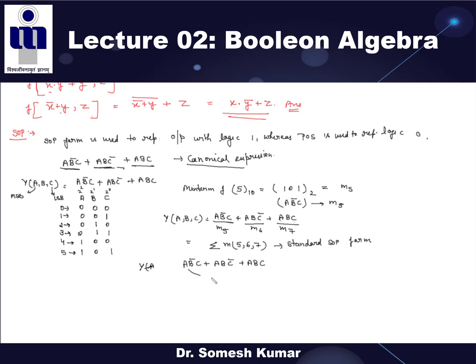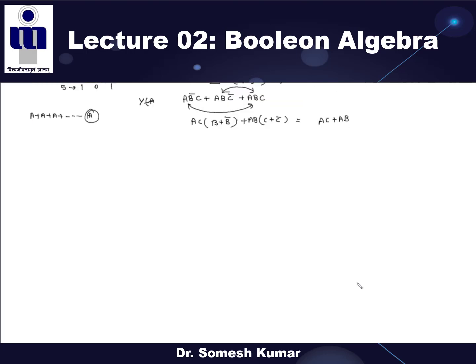Taking AC common between these two terms, AC, and inside is B plus B bar. Now we take the second and third terms again. We can use any term any number of times, because A plus A plus A is always A. So now we can take AB common, and what comes is C plus C bar. The minimized form is AC plus AB.